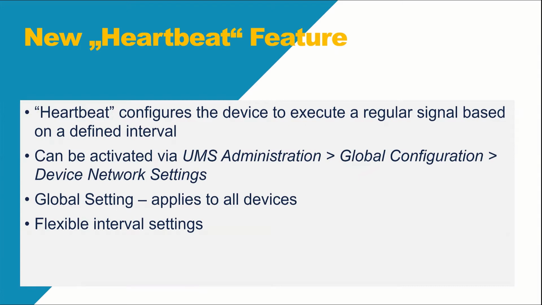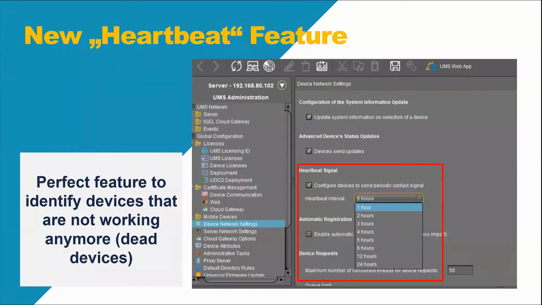And I would say the new heartbeat feature is the most exciting feature of this release, because it configures the device to execute a regular signal based on a defined interval. You can easily activate the feature in the UMS administration section.